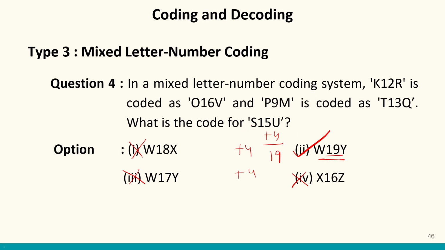Otherwise, I would have found the code for each and every alphabet. But here I can clearly see if I'm moving from 12 to 16, this is plus 4. And here if I'm moving 9 to 13, this is also plus 4. So I would have to move 4 positions forward from 15 and that will give me 19. So my answer will be option number 2.